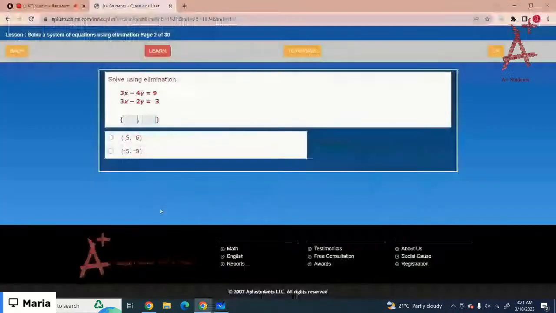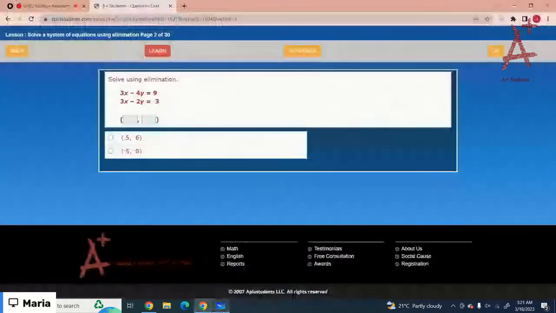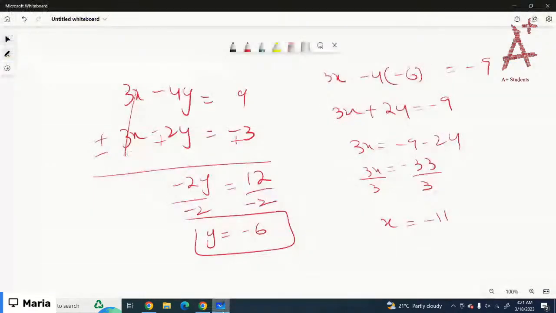So the negative 11, negative 6. Y is negative 6. X is negative 5. Oh, it is not negative 9, just 9.